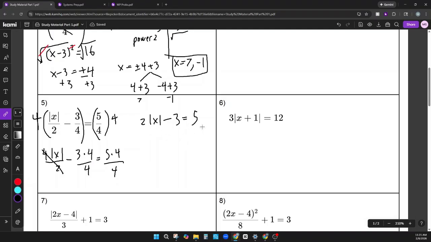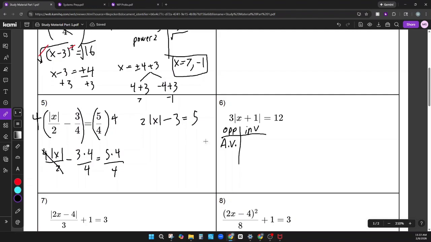Here we have number 6, so I'm going to go ahead and make an operation table over here. And I notice the first thing that happens to my x is my absolute value. Those are the two lines that are around my x, and that is an operation that we've gone over in class.